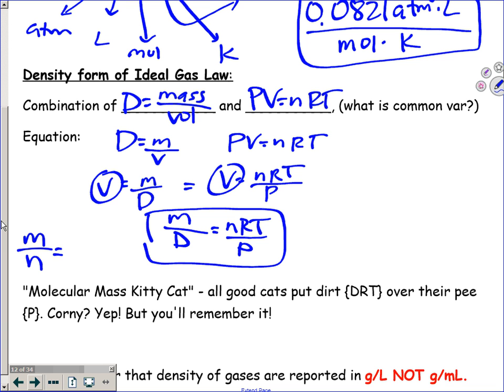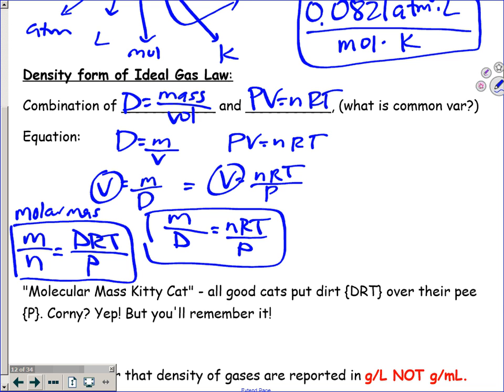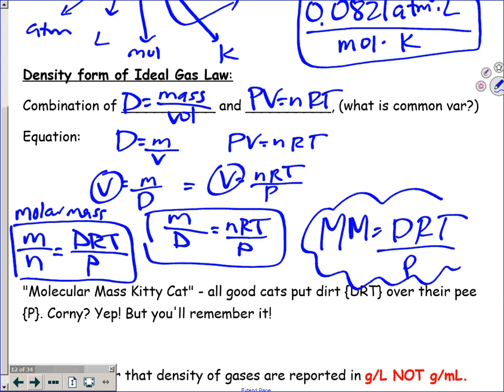So I pulled N down by dividing, so it's down here. dRT over P. Okay, so this is called the molar mass density, ideal gas law, but molar mass equation. I'm going to write that just a little differently, but it's the same thing. Molar mass is equal to dRT over P.